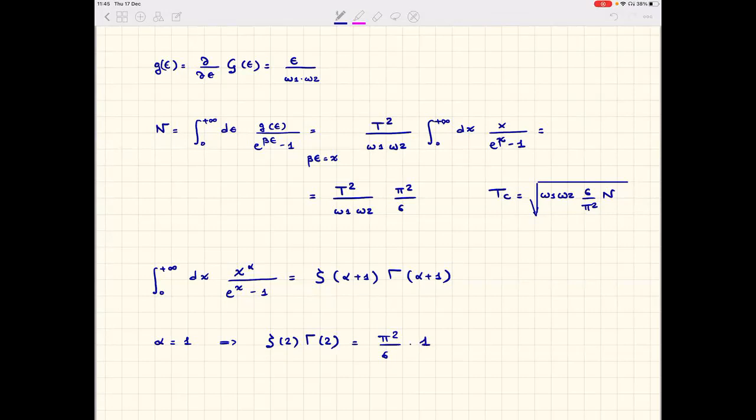In general, if this was the final exam and you're given an integral of this type, then if you write zeta of 2 times gamma of 2, that is good enough. You're not supposed to know the value of the zeta function at its argument equal to 2.